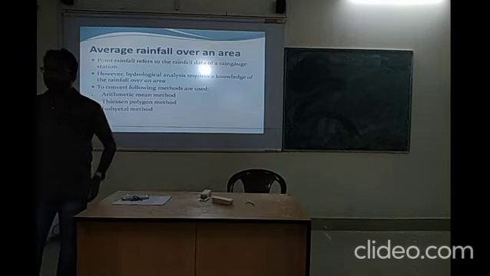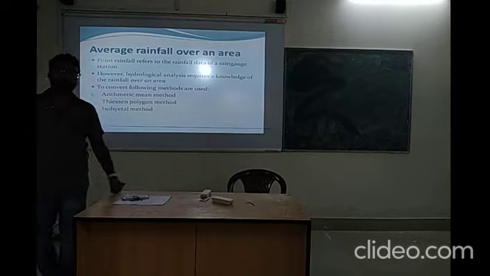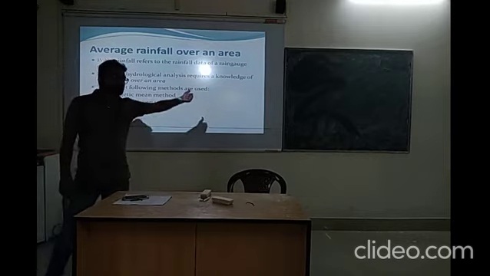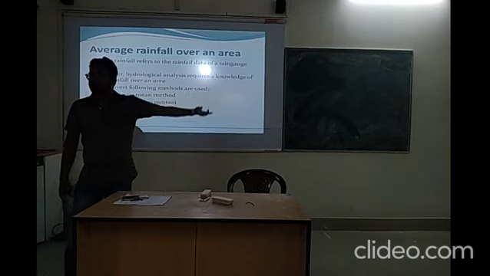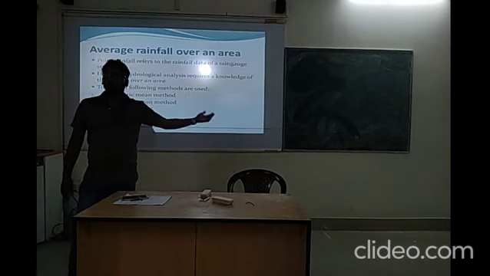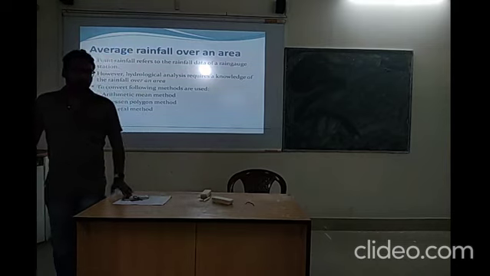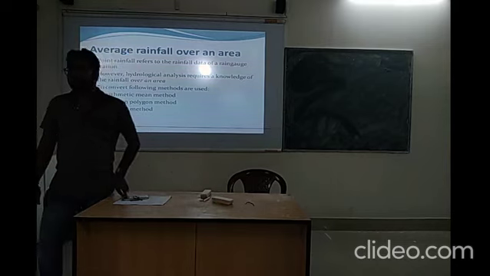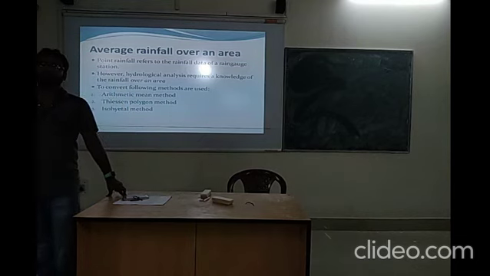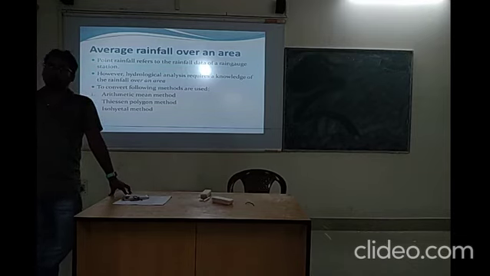We have taken an example: we have one rain gauge in our lab as well. Looking at the data of that rain gauge, I cannot say that this is the amount of rainfall in overall Durgapur or the overall district, right? We cannot say that looking at one station's data.